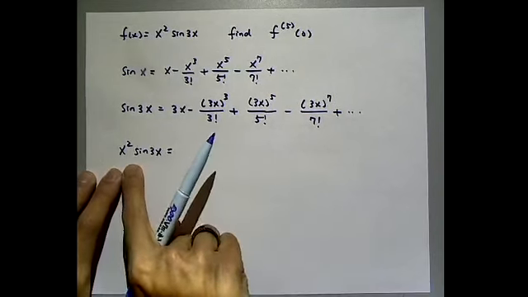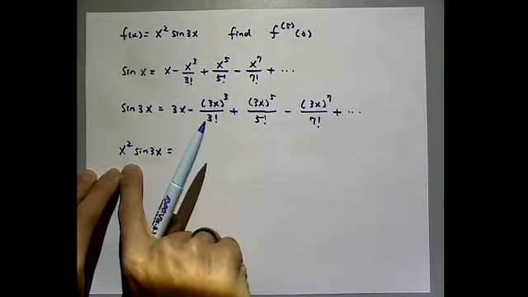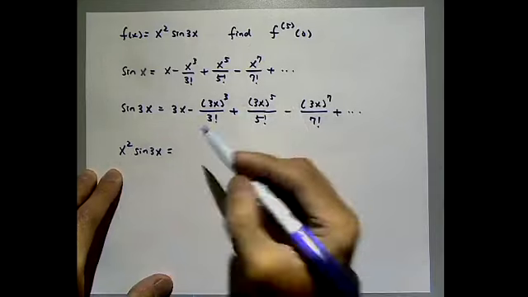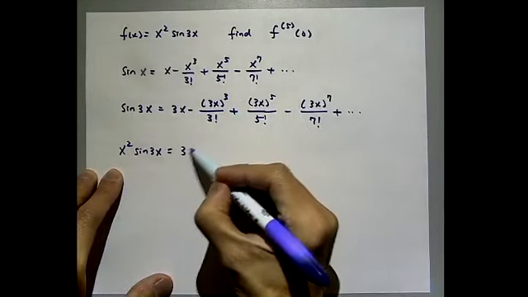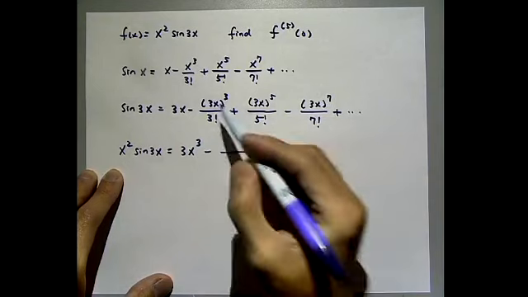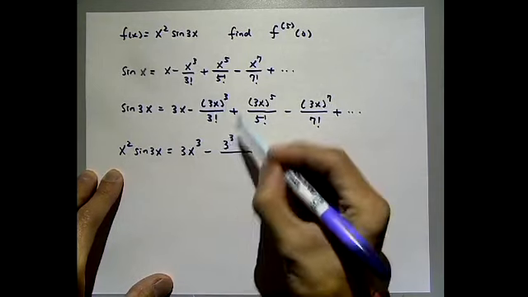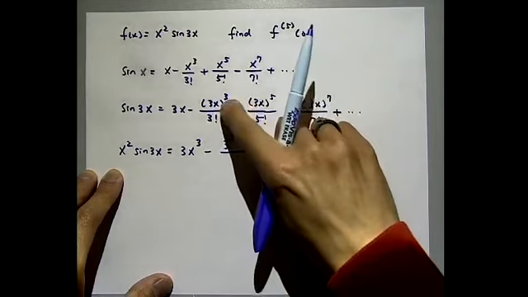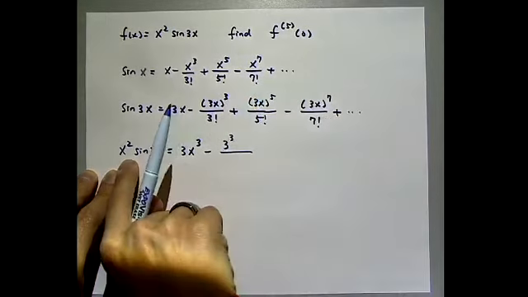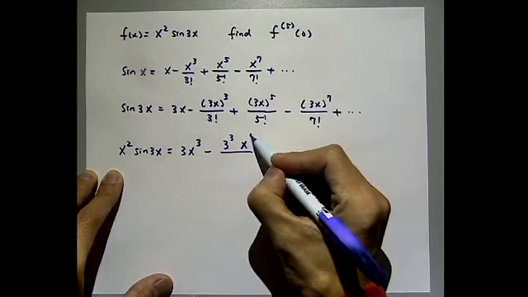Then to get x squared sine of 3x, you multiply every single term by x squared. So that becomes 3x cubed. And then this first one, you get 3 cubed x cubed times 2 more factors of that. So that's going to give you x to the 5th.